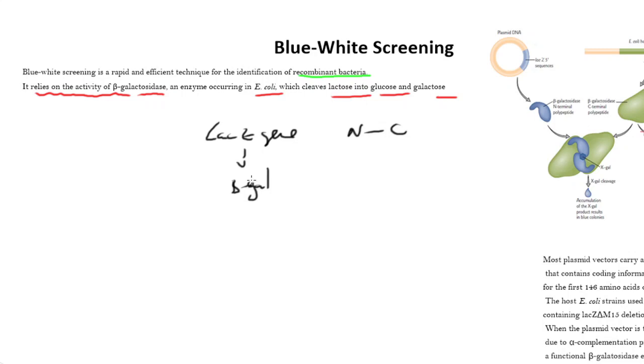When we have beta galactosidase in the presence of IPTG and X-gal, which is a colorless molecule, the combination of B-gal with these two, X-gal and IPTG, results in a change of color that gives this blue substance here.